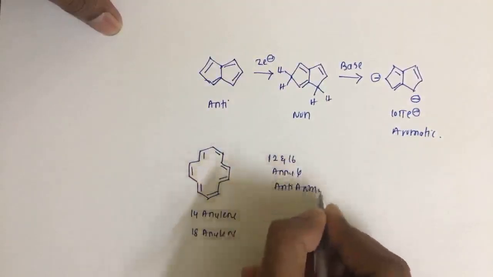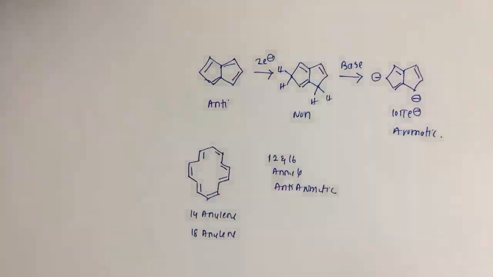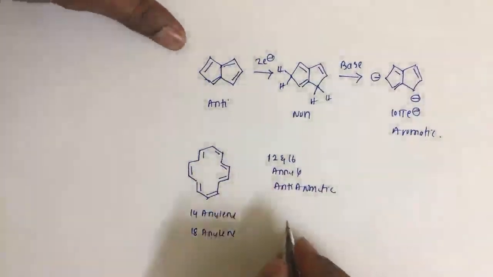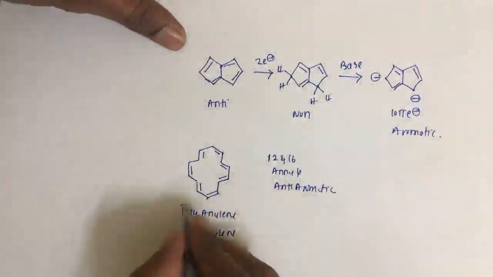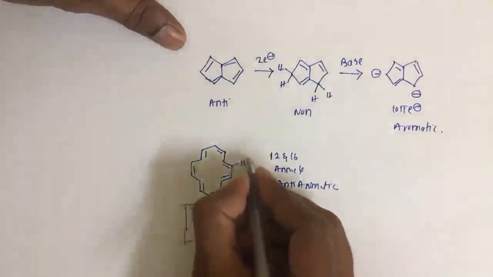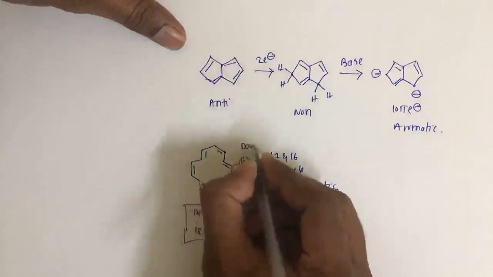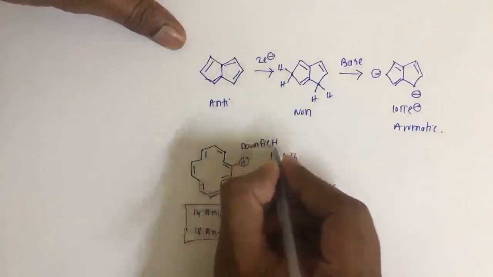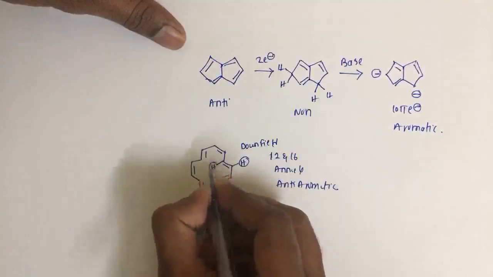These annulene systems we can identify by NMR. For aromatic annulenes, the outer protons come downfield shift and inside protons come upfield shift.